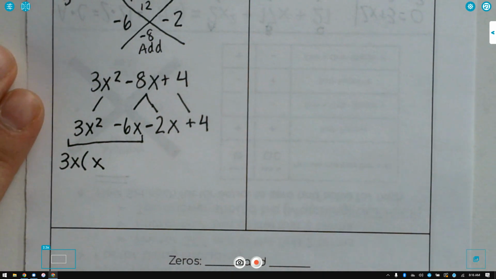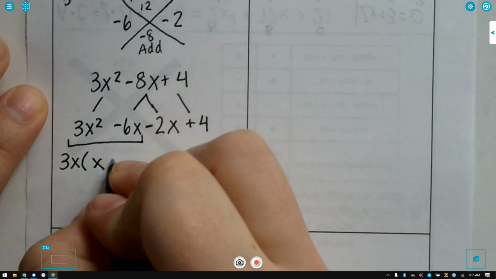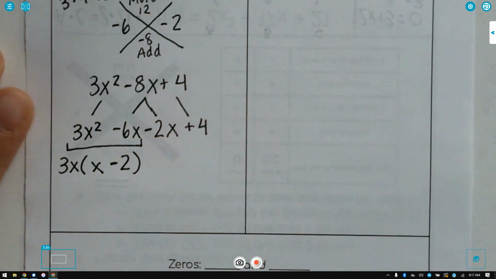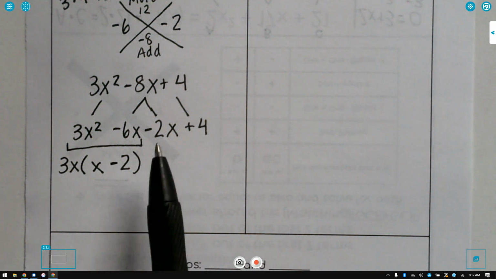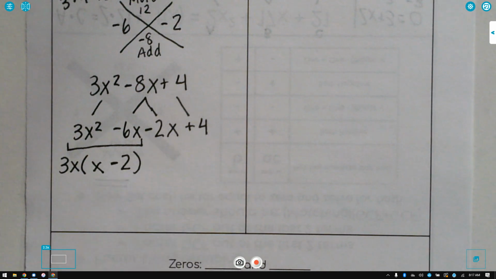Negative 6x divided by 3x is -2. Out of -2x plus 4, I can divide 2 and 4 both by a 2, but anytime my third term is negative, I want to divide out a negative.